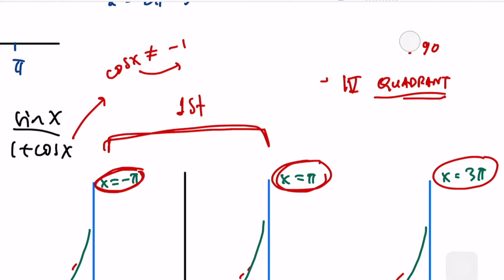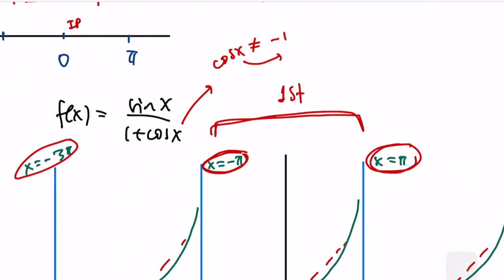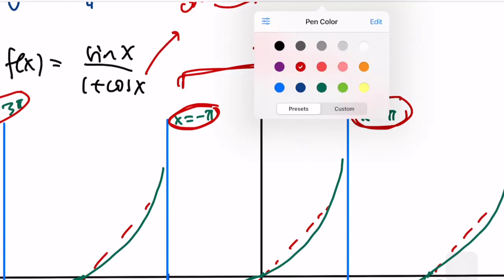But for example, for sine, if you have sine of -90, this will be negative sine of 90. Got it? I hope you get it correct. So you check the x, and x will be -pi and pi. You can start with these two first.